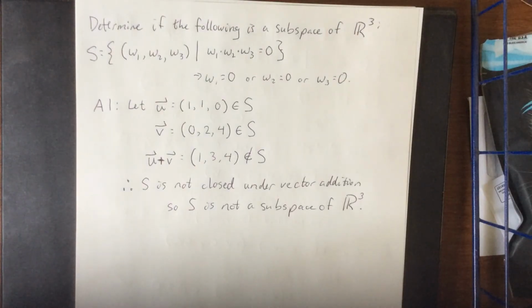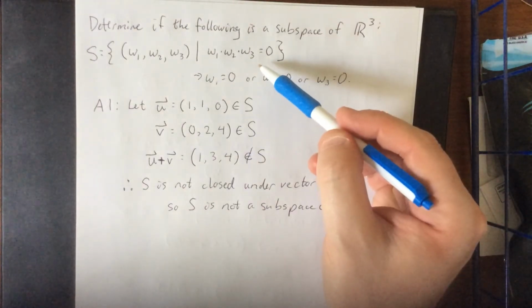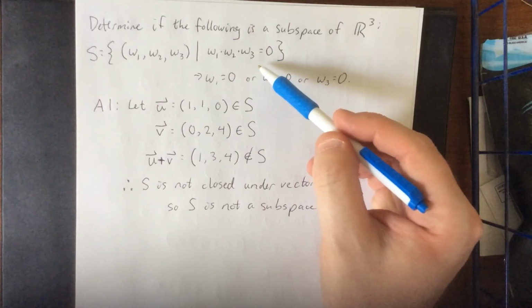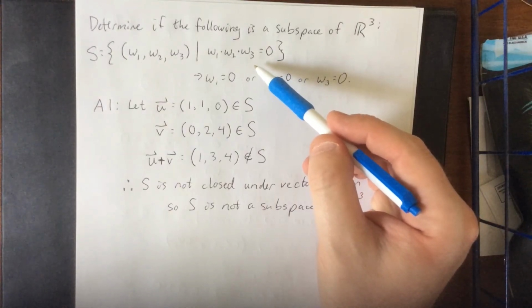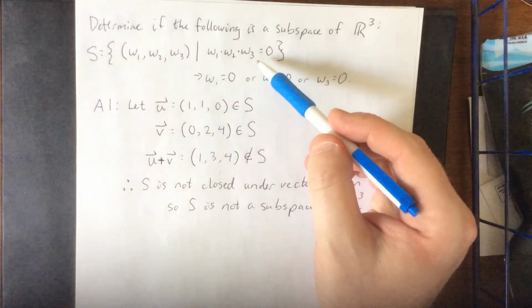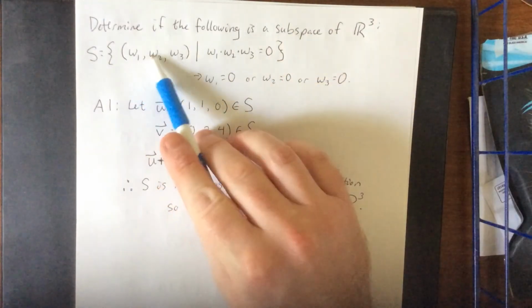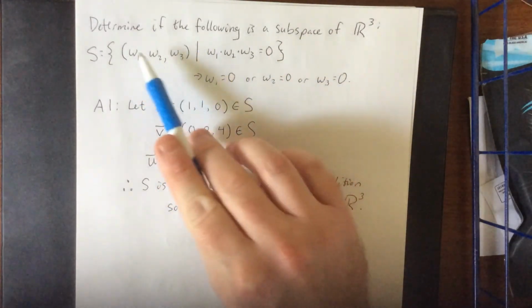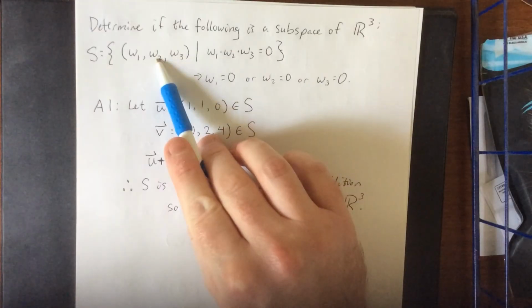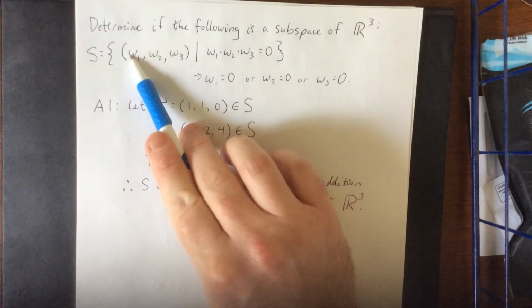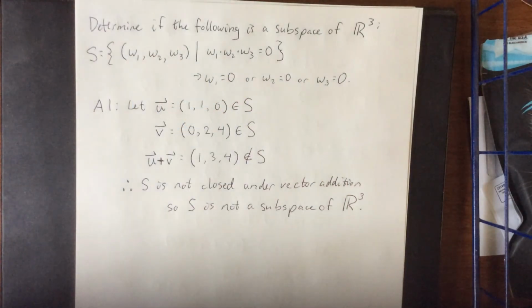For the connection into Calc 3, this would describe the set of all vectors whose terminal point is on one of the three coordinate planes, which guarantee in the xy plane, the z component is 0, in the xz plane, the y component is 0, and in the yz plane, the x component is 0. Adding two of those vectors together does not guarantee that it will stay within the coordinate planes.